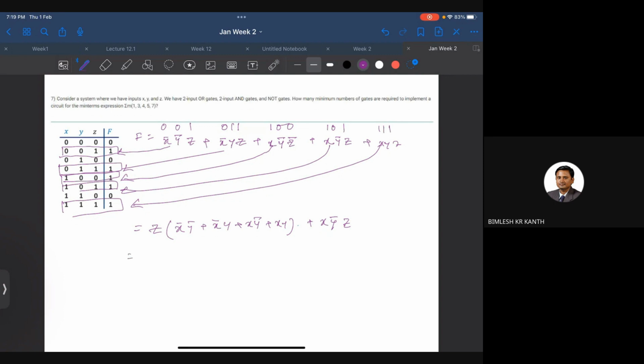Now you can take x bar common, so it will be x bar times y plus y bar.